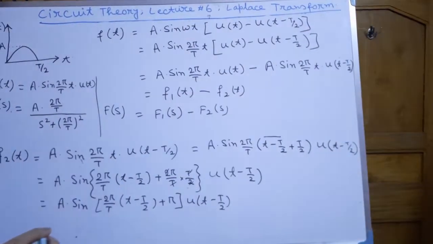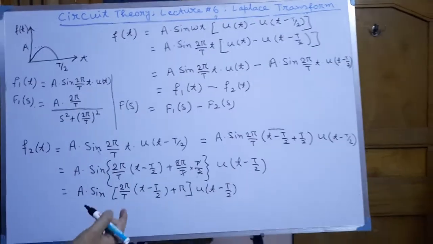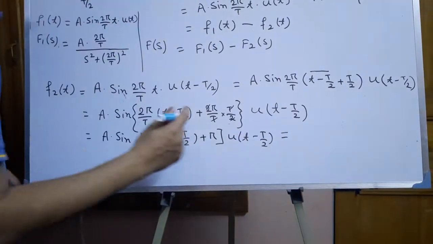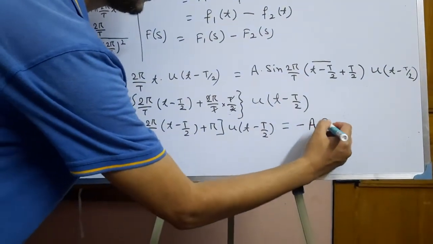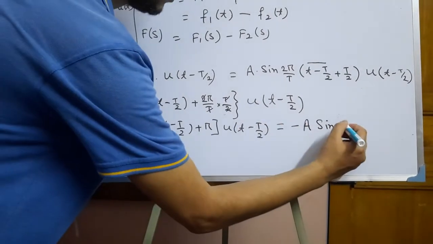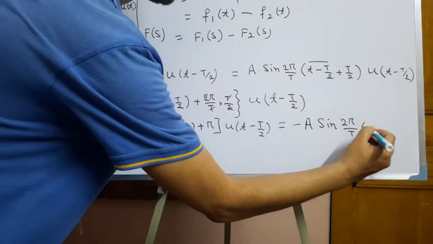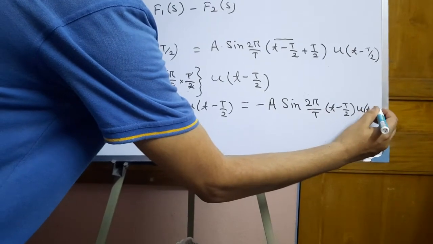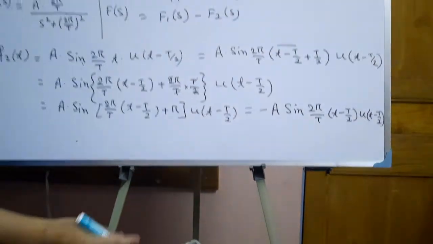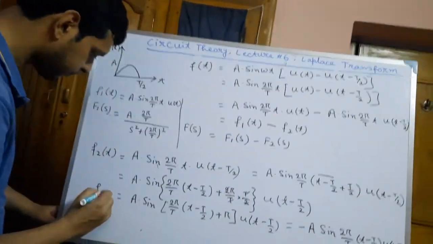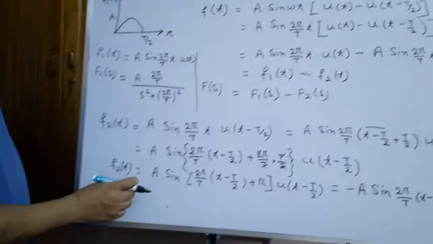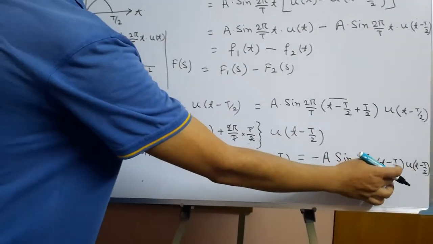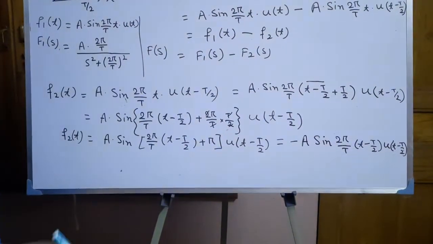We all know that sin(π + θ) equals what? sin(π + θ) equals −sin θ. So f2(t) will be reduced to A sin(2π/T)(t − T/2) u(t − T/2). Now the nature of f2(t) is the same as f1(t), but f2(t) is delayed by T/2.